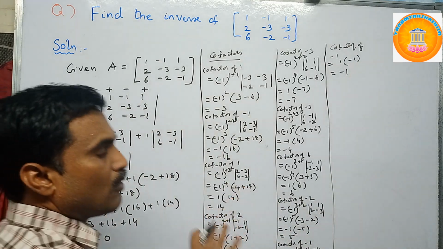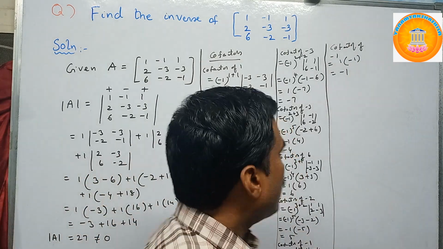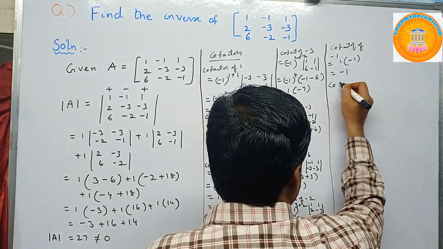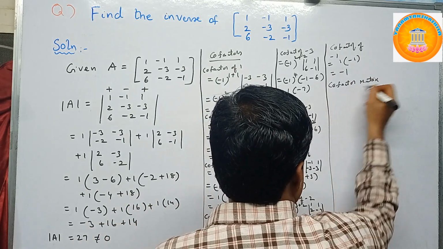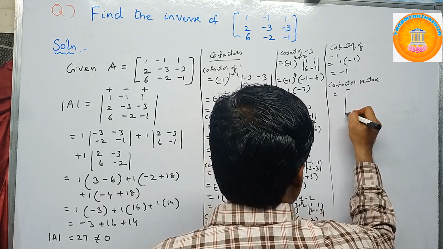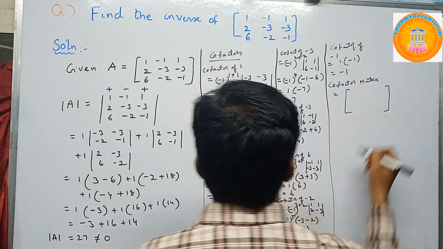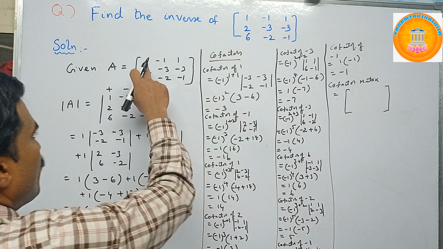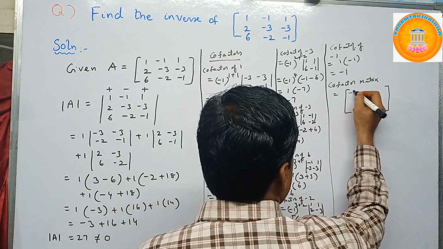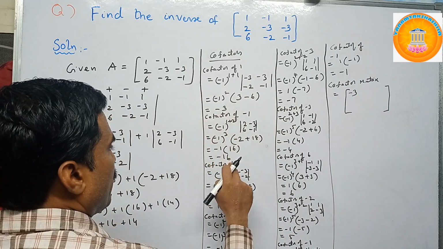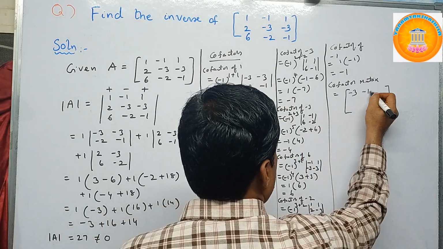So now you can form the cofactor matrix. So what is the cofactor matrix? First element, cofactor of 1, is minus 3. Then cofactor of minus 1 is minus 16.